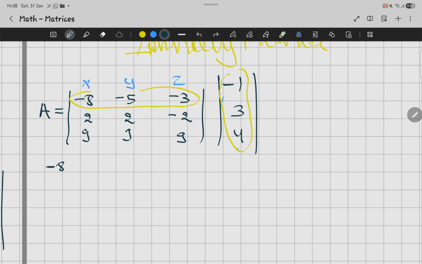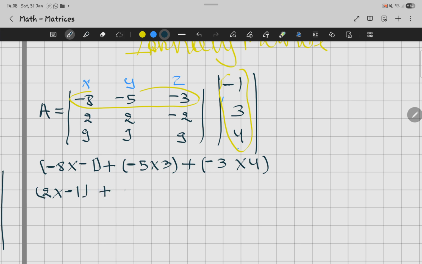Instead of using a dot, I should put just a multiplication sign, plus -5 times 3 plus -3 times 4, first row. And the second one is going to be 2 times -1 plus 2 times 3 plus -2 times 4.